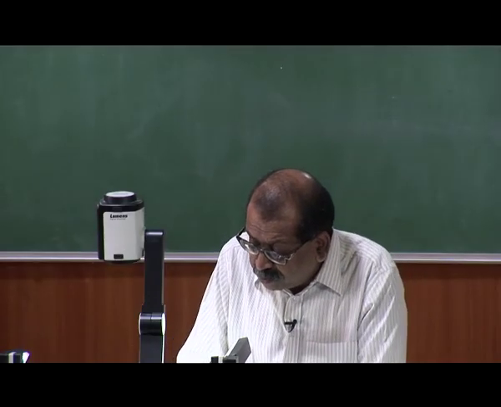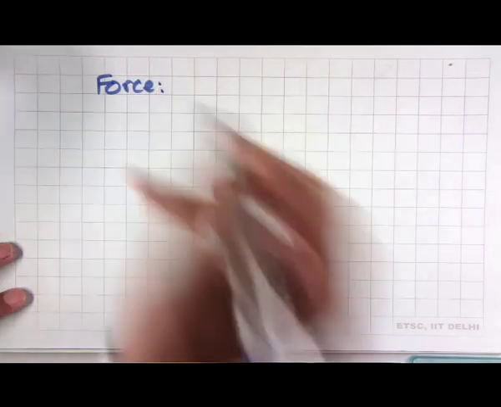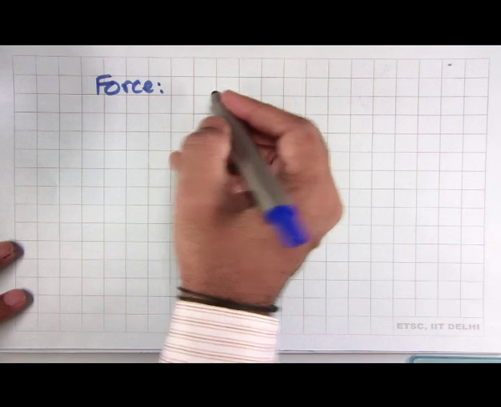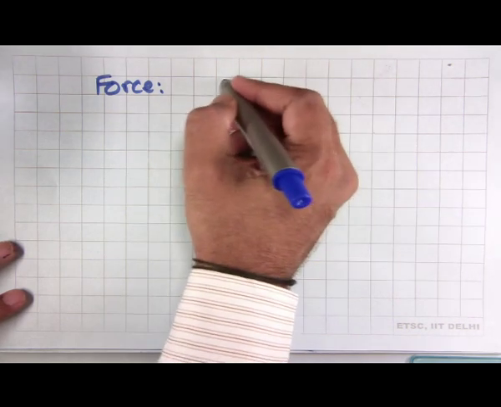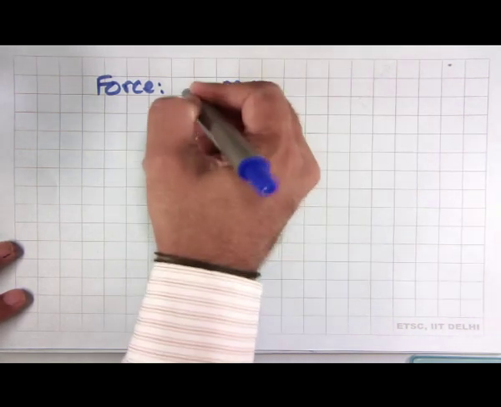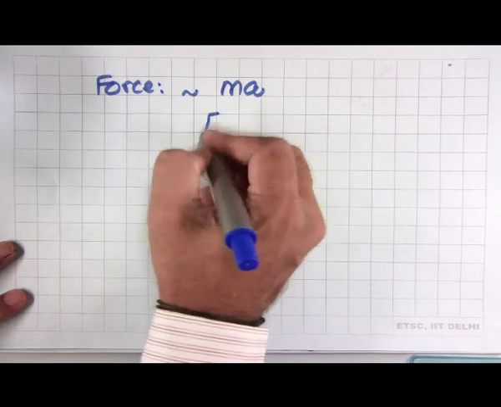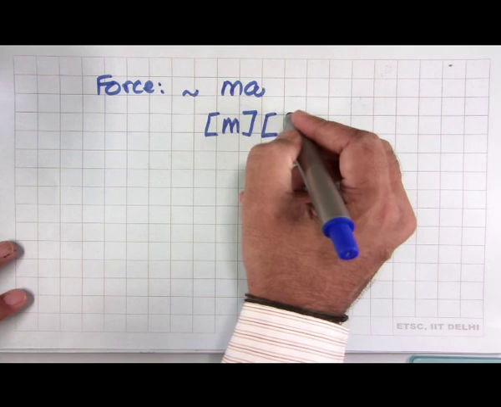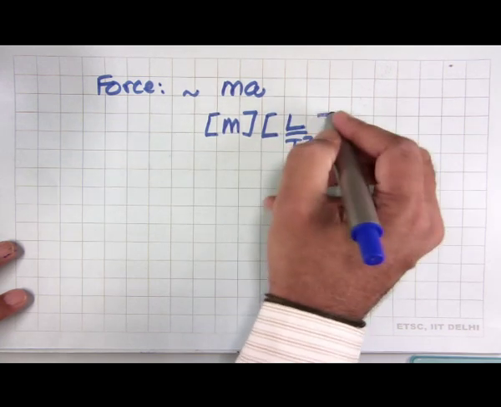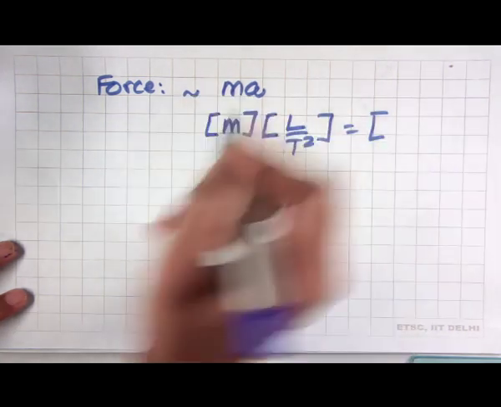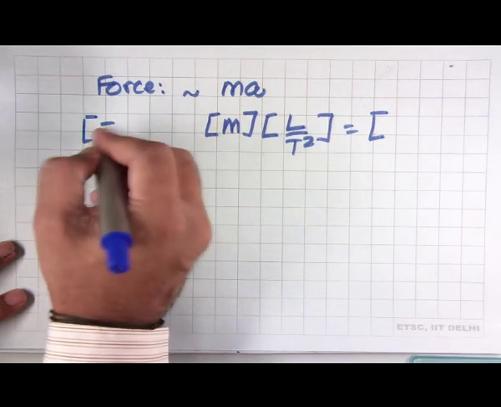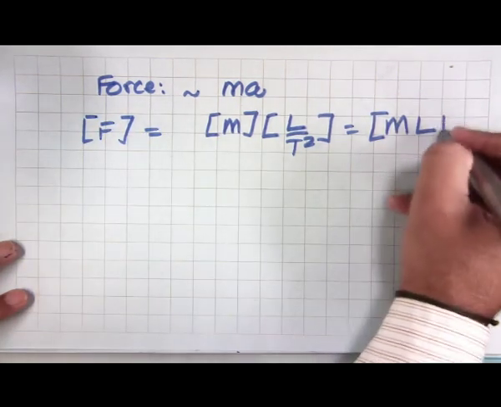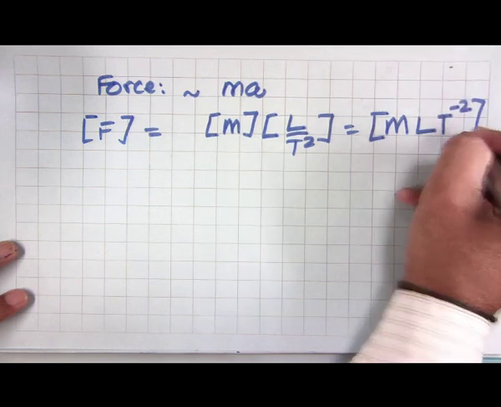So, for example, force which we talked of. You may remember from earlier classes, force is given as mass times acceleration. So, the dimension of force will be equal to mass times the dimension of acceleration, which is L by t square. So, we will express the total dimension of force as m times L times t to the power of minus 2.